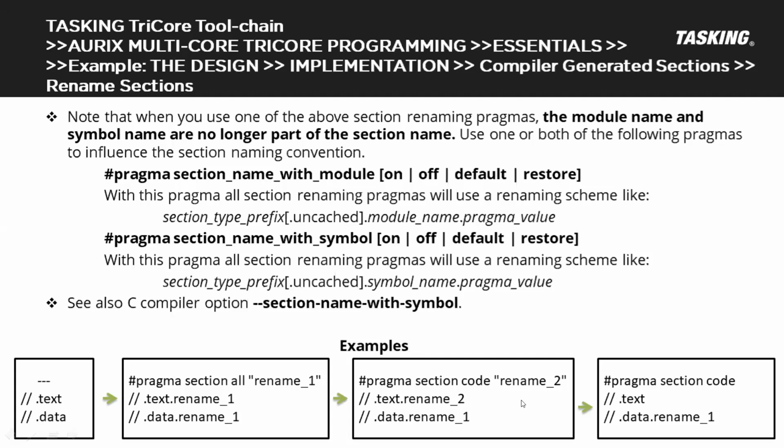And based on these results, if I use this hash pragma code without defining anything beside it, that means I put the default values, which is here .text. Why does this data section not change? Because I defined it only for the code part, right? That's why the data section still holds the old value.